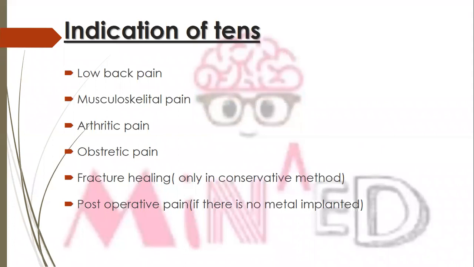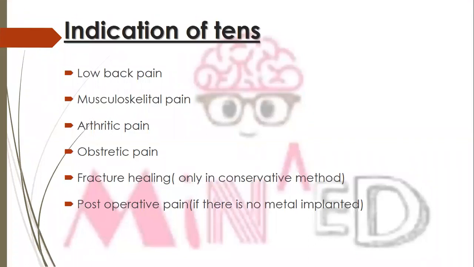Okay, indications of the TENS, in which cases can you apply TENS? In cases of low back pain, that is LBP, any type of musculoskeletal pain, in case of arthritic pain, in case of obstetric pain, in case of healing fracture, but in the fracture area there should not be any internal fixation like rod or screw fixation or any type of metal fixation.